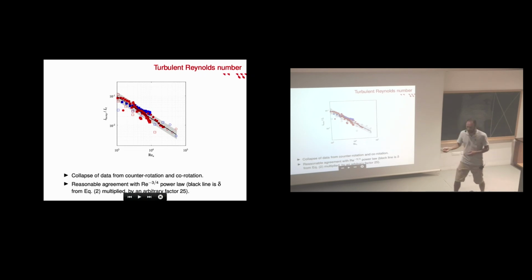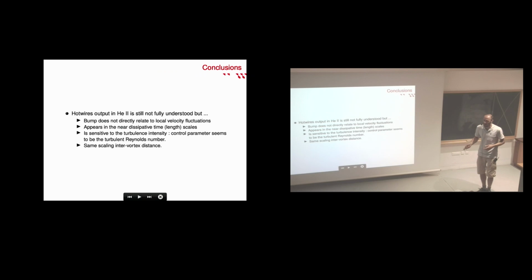and that will be my concluding remarks. So this hot wire is still not fully understood. We know that at small scales it acts, even in helium-2, as a standard hot wire, but at large scale we have those glitches that prevent us from using it as a velocity sensor.